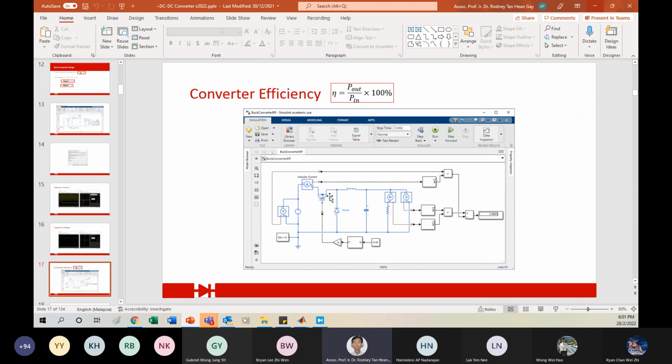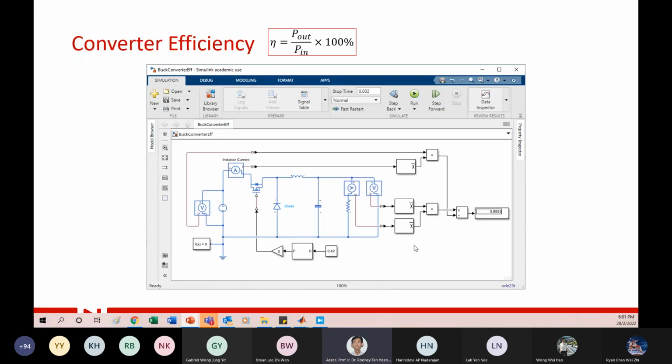And then when we look at the efficiency, it's the same thing. What I did is I just measure the input voltage and current, and then the output. You will see that in this example, with the same design, we will have an efficiency of 89%, just by using this switching only.